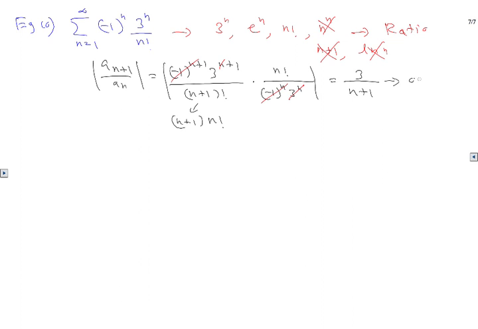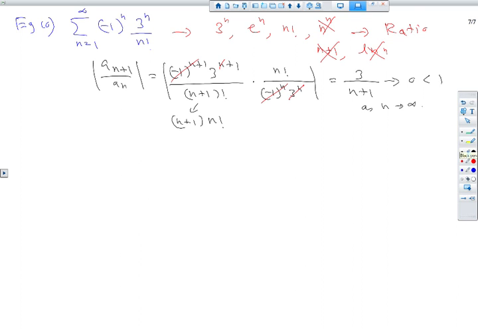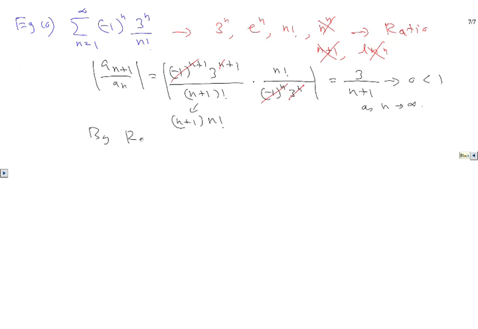This goes to 0 as n goes to infinity because the top is fixed. So by the ratio test, the original series converges. Very simple.